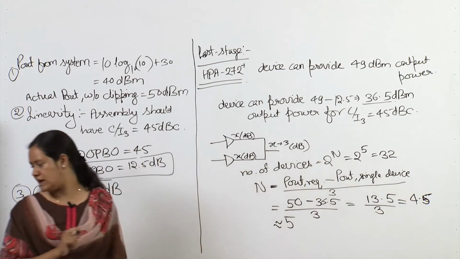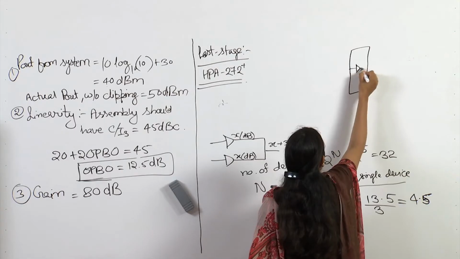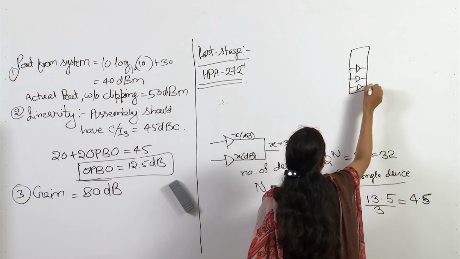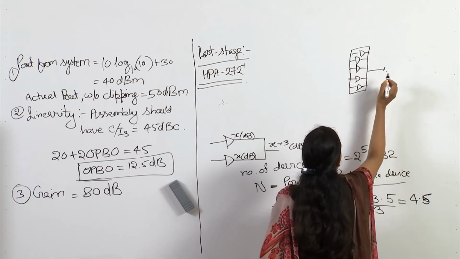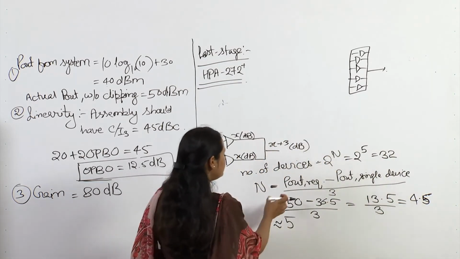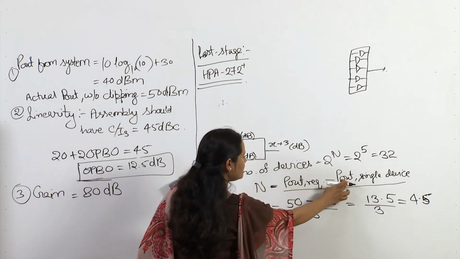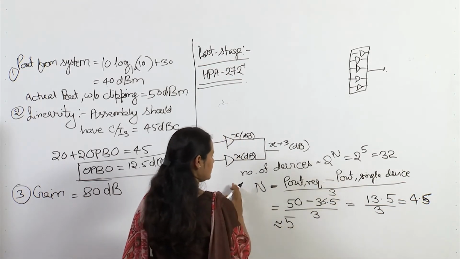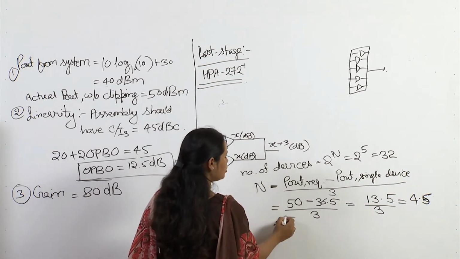So, for the last stage, which is a combination of many parallel devices, what will be the P out which it can give? We can again take the formula from here: P out from the single device, which is 36.5, plus 3 times n, and n is 5.